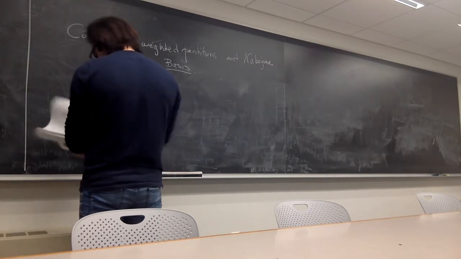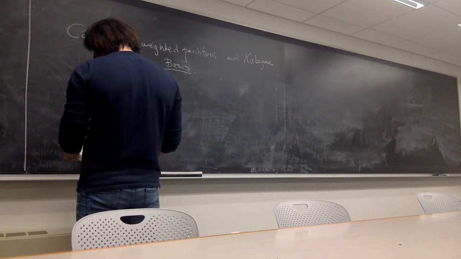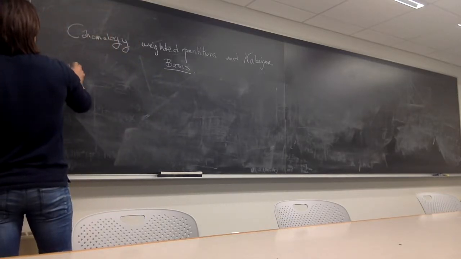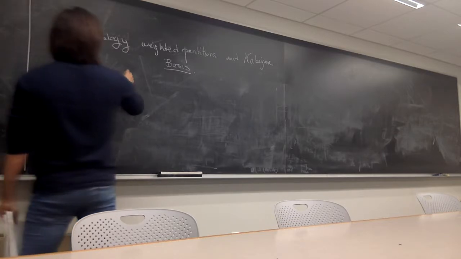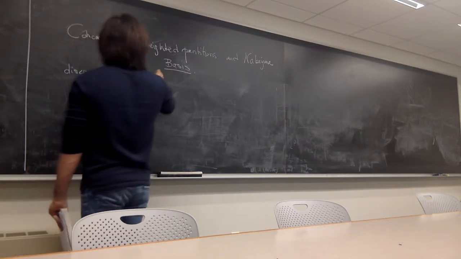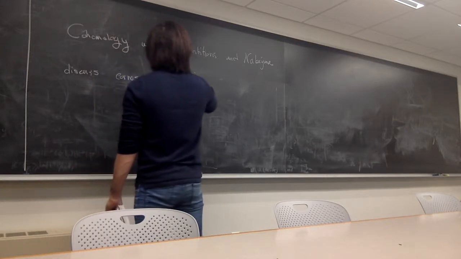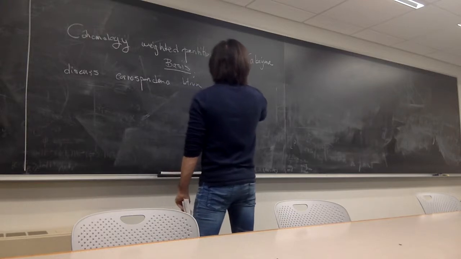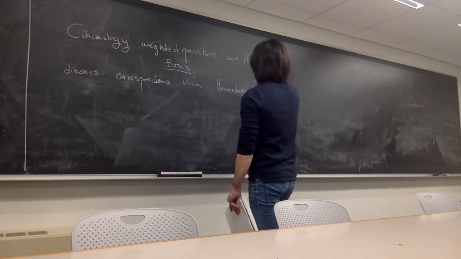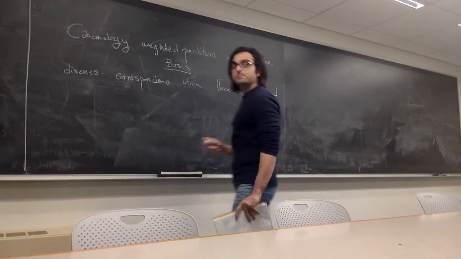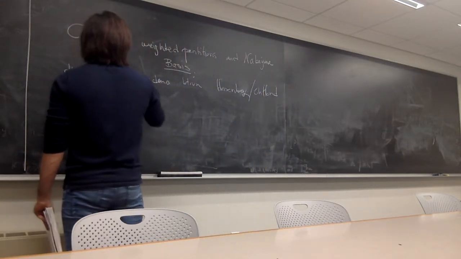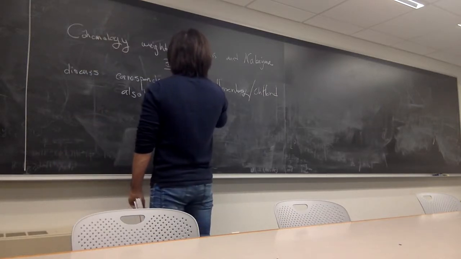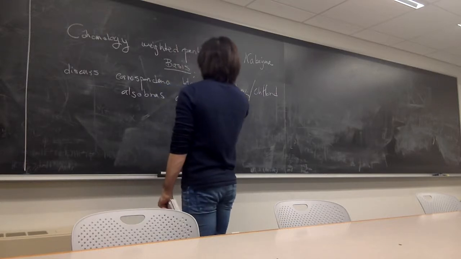So let's do this. In some sense, I would like to discuss the correspondence between Heisenberg or Clifford algebras and Fock space forming them.